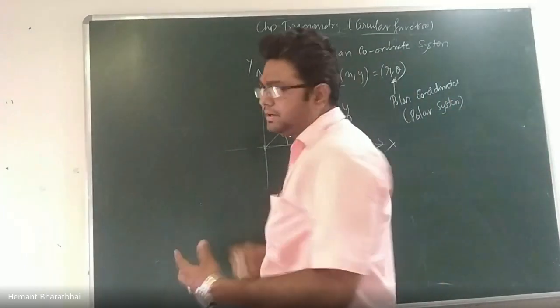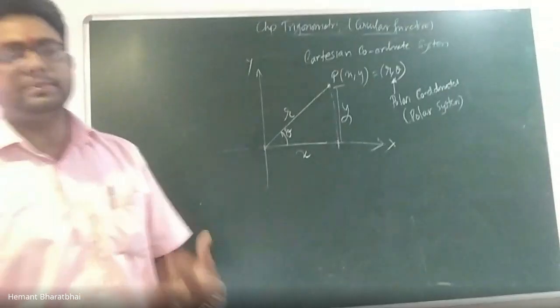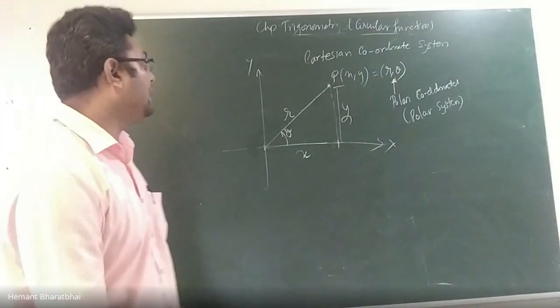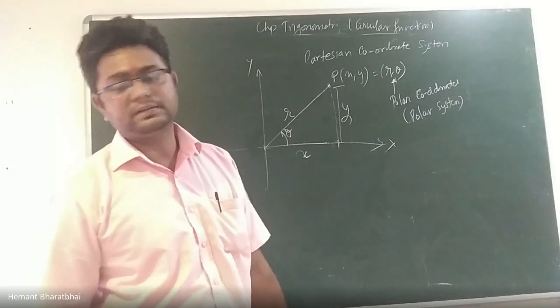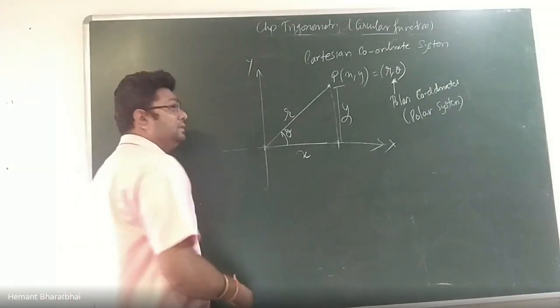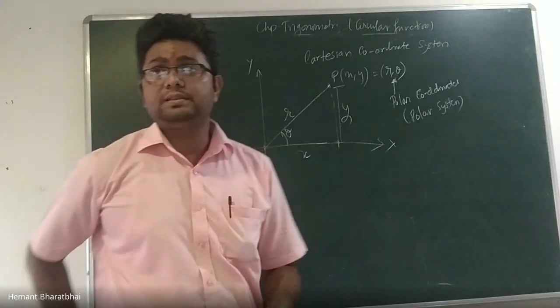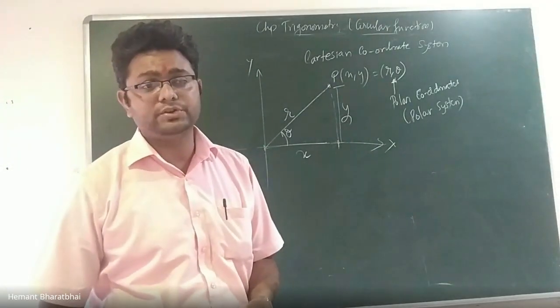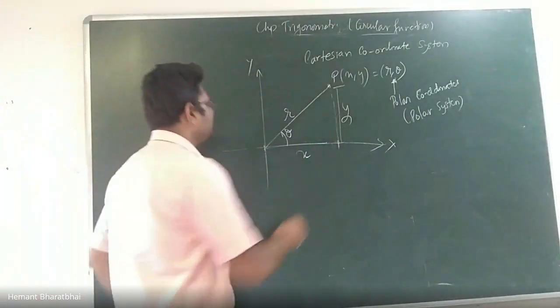If I am writing in terms of x and y, it is called the Cartesian system. And if I am writing everything in terms of r and theta, then it will be called the polar system. Now let's derive a relation. The way we did radians to degrees and degrees to radians, in a similar fashion we should be in a position to go from Cartesian to polar and polar to Cartesian.